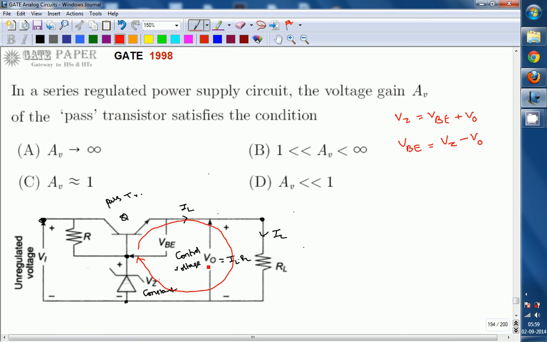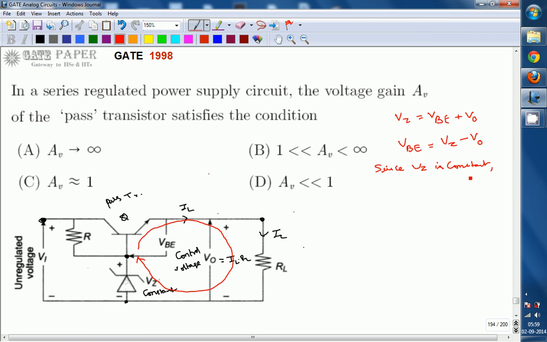Since VZ is constant, how the fluctuations get regulated is what we have to see. If the output voltage tries to increase, that has to be compensated.